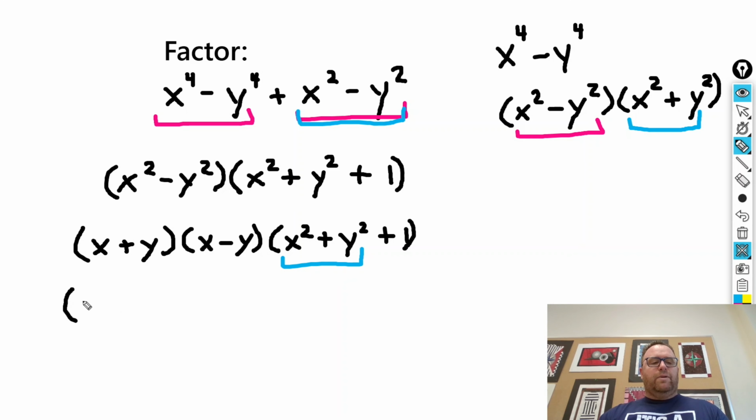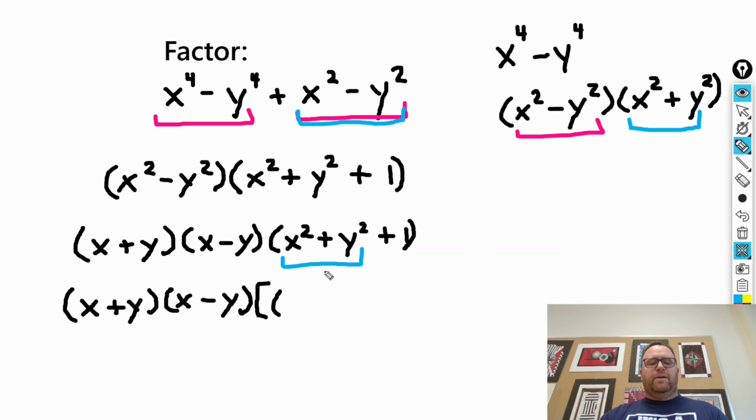So the way we could do that is we still have x plus y times x minus y. And then let's do a square bracket there.